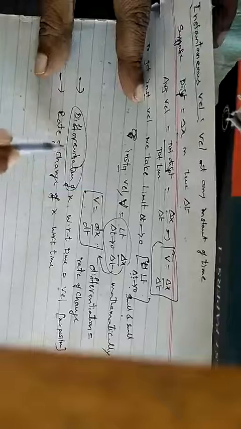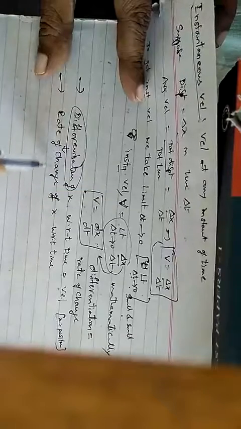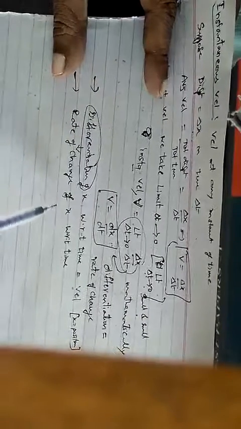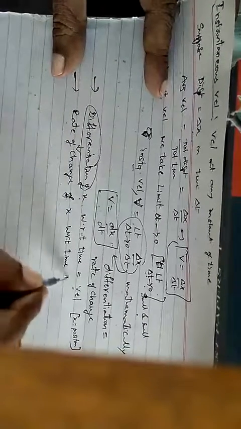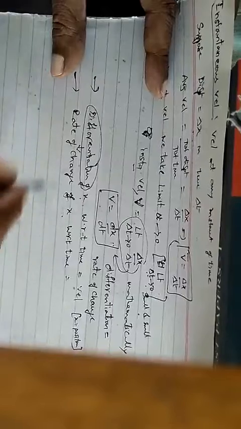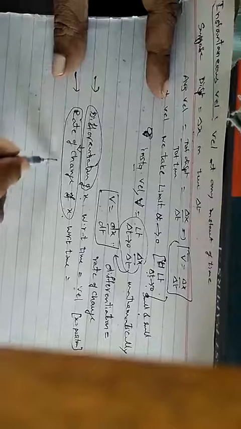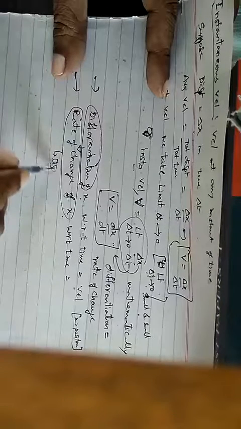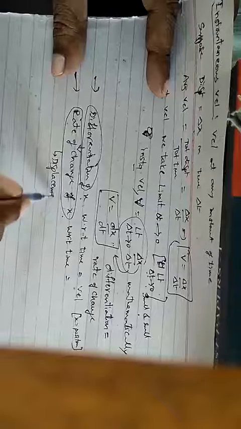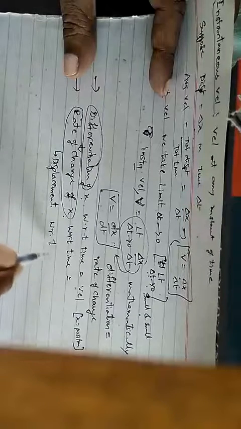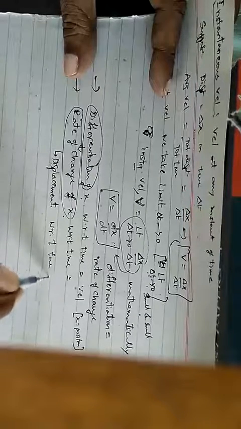Differentiation means rate of change of x with respect to time, which means rate of change of position. Rate of change of position is nothing but displacement. Position is changing means displacement is there. So displacement with respect to time is called velocity.